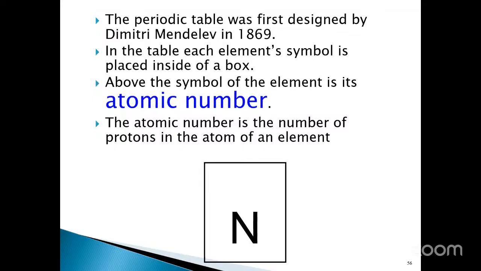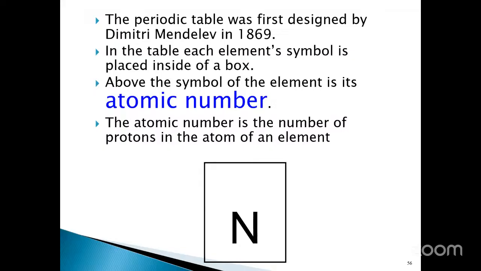Back then, they didn't know anything about the structure of the atom, so terms like atomic numbers and so on were not known then. The only thing that was known about the different elements is that they have their own unique atomic masses. So he arranged the elements in their order of increasing atomic masses, and what he discovered just by looking at the trends is that after so many elements, their properties repeat, right?